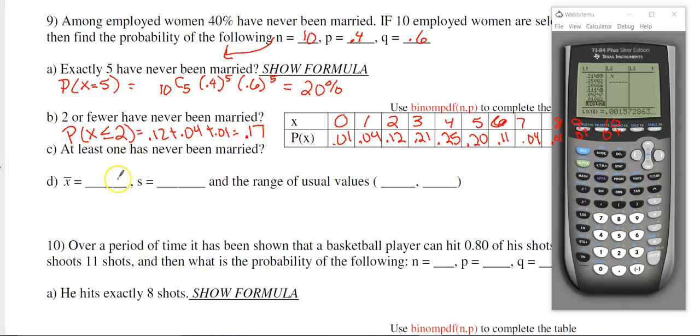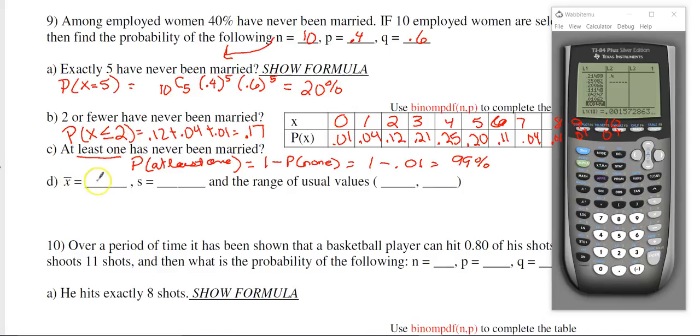Okay, then at least 1, remember anytime it says at least, you're saying that the probability of at least 1 is 1 minus the probability of none. So this is going to be 1 minus 0.01, which is 0.99 or 99%.